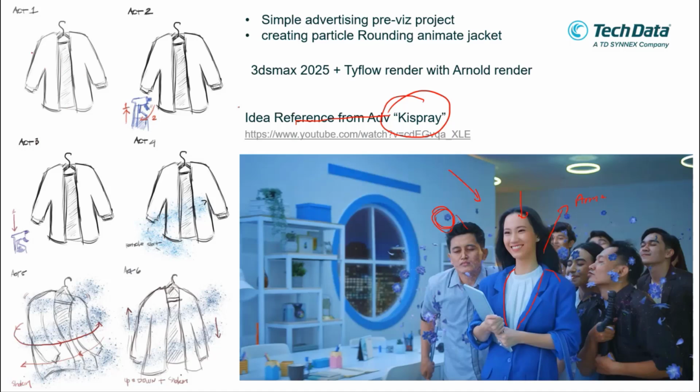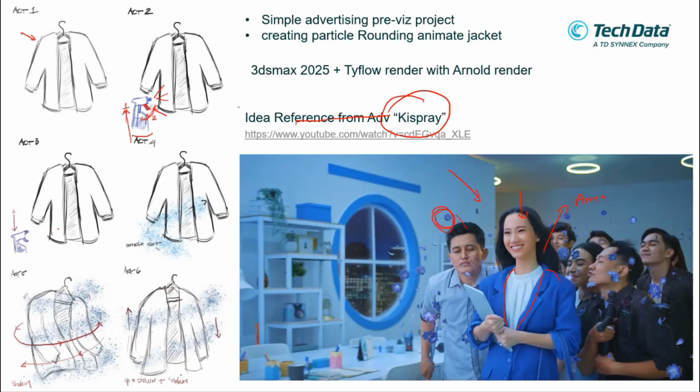A little storyboard. I drew the jacket, then there is a spray. The next scene is the spray coming up. Maybe this is animated, with a trigger here to animate it down, and then they spray.